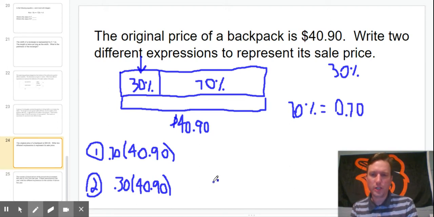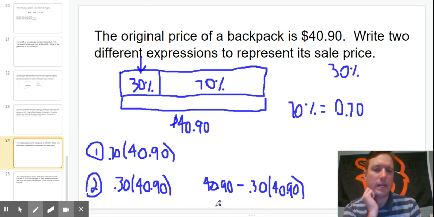So really the expression would be $40.90 minus 0.30, or 30 hundredths, times $40.90. We need to be really careful and understand what multiplying with percents is truly giving us.